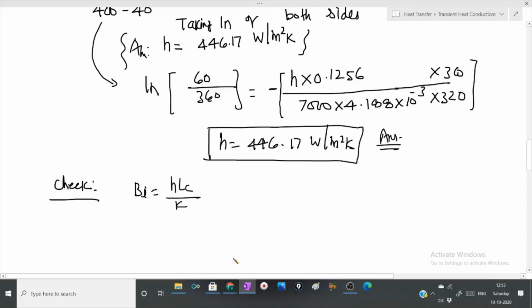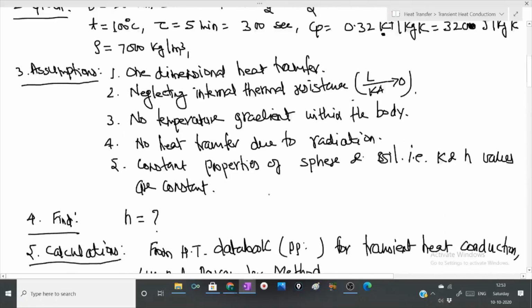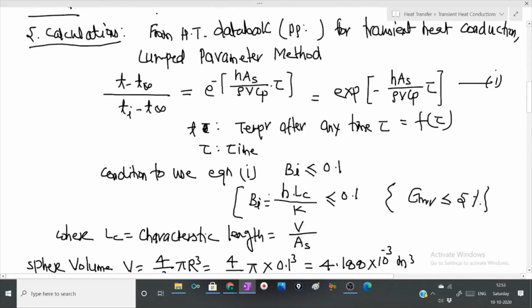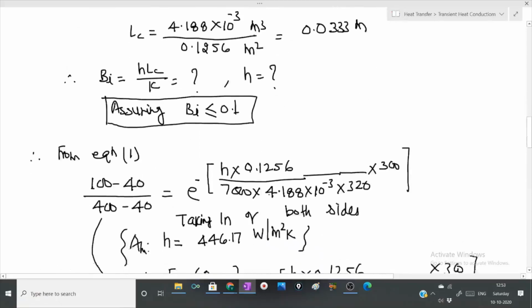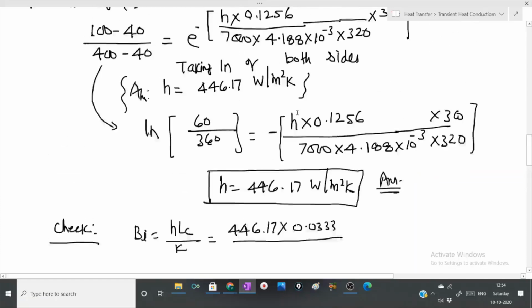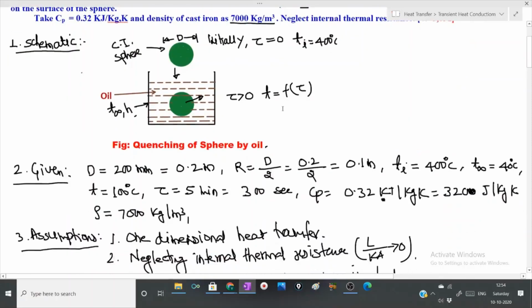h Lc by k. h is 446.17. Lc value is 0.0333, and the thermal conductivity of this solid is how much?